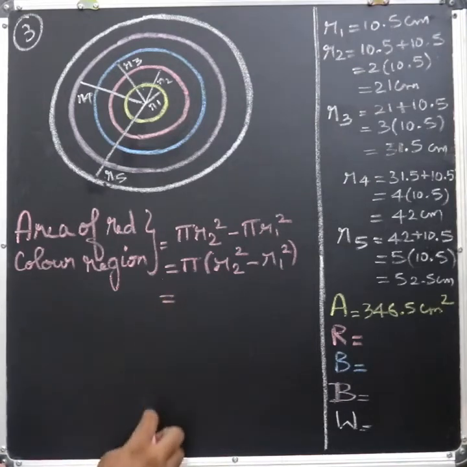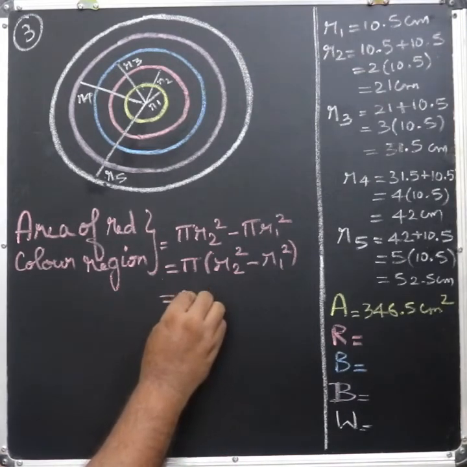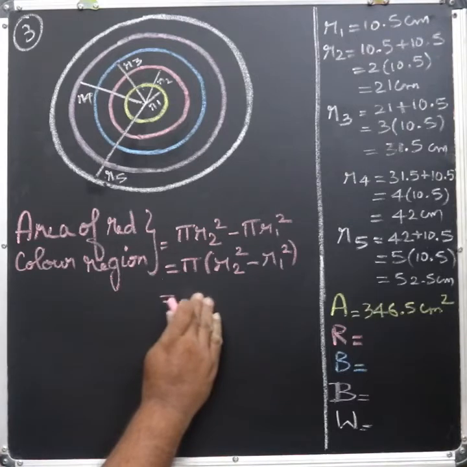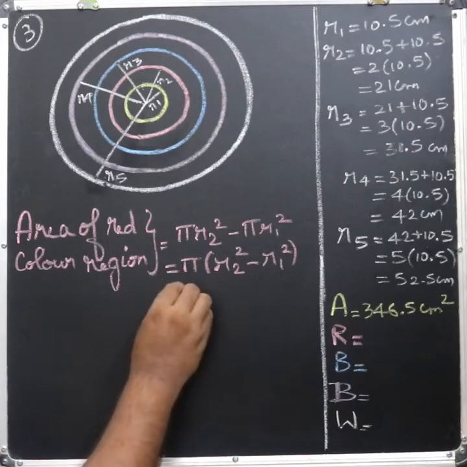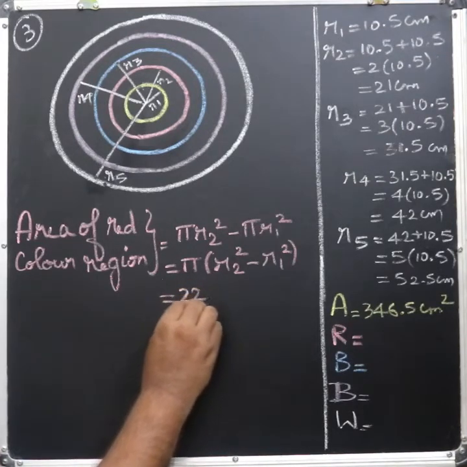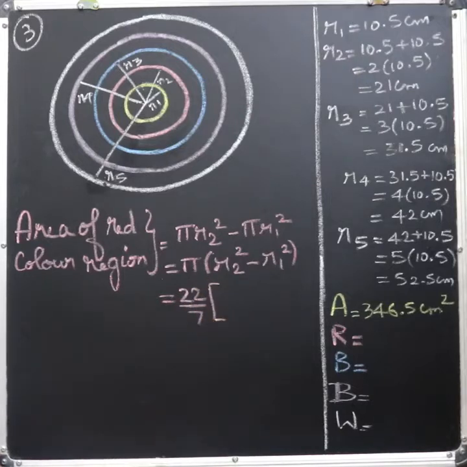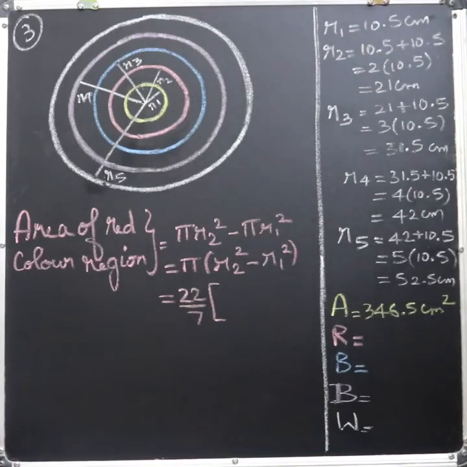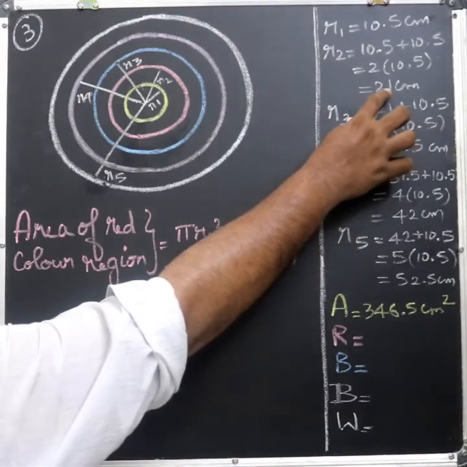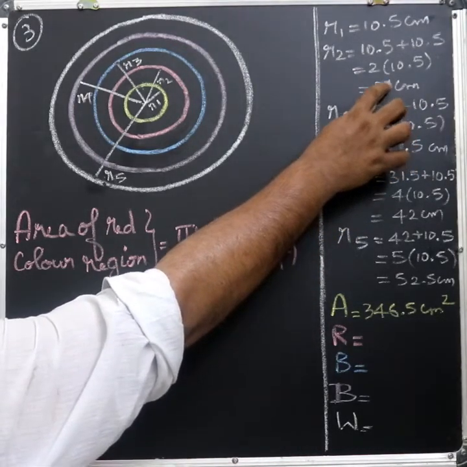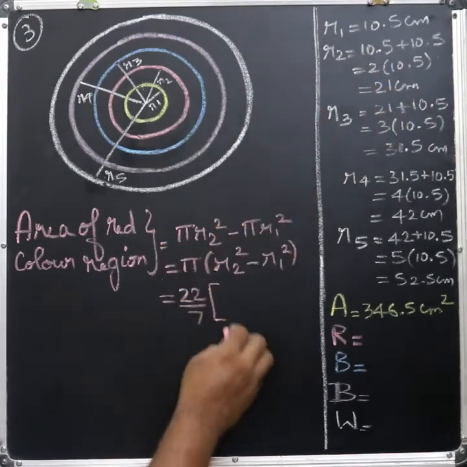Substituting the values, we are going to have 22 by 7 into, now this r2 is nothing but 21 centimeter, which can be written as 2 into 10.5 centimeter.